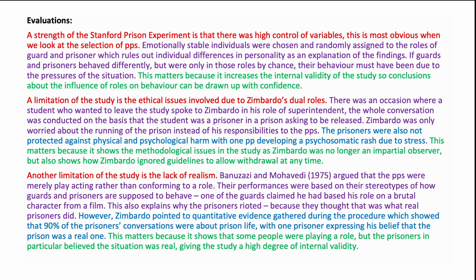If guards and prisoners behaved differently, but were only in those roles by chance, their behaviour must have been due to the pressures of the situation. This matters because it increases the internal validity of the study, so conclusions about the influence of roles on behaviour can be drawn up with confidence.